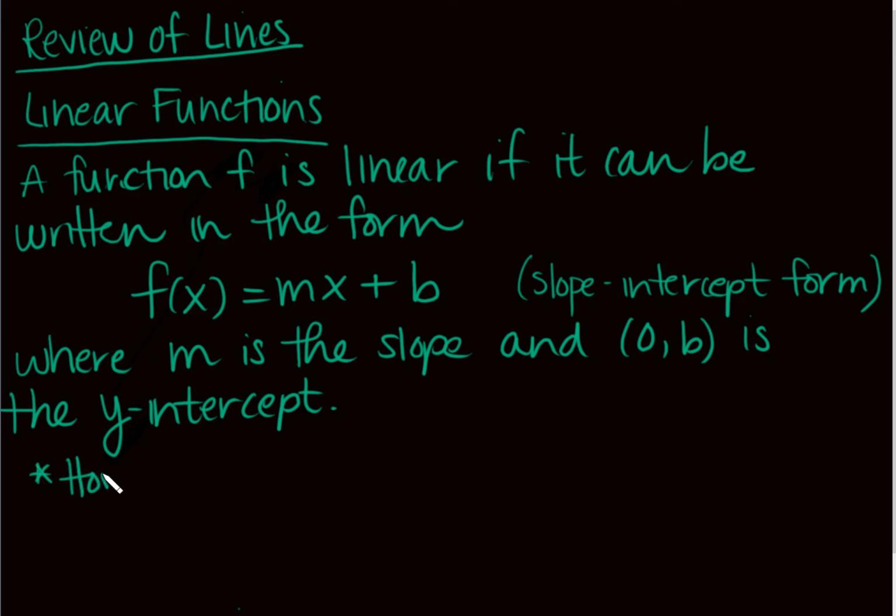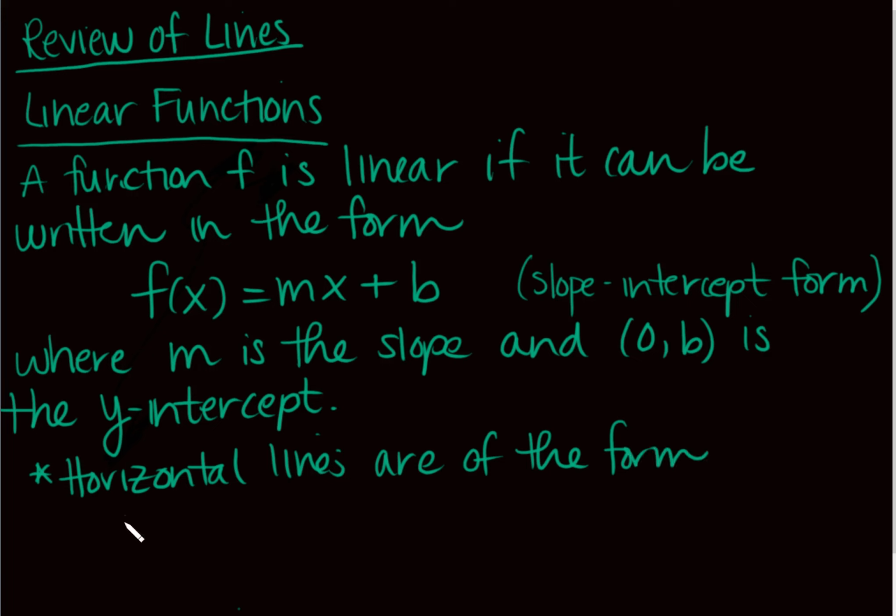Horizontal lines are of the form, and you've probably seen this before, y equals b, or if we think of it in function notation, f of x equals b. Same thing up here, everyone. I know you probably know this.